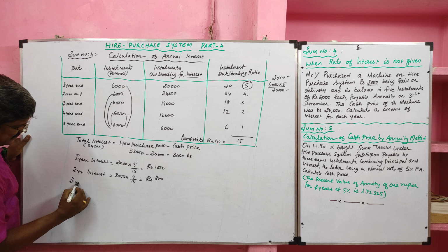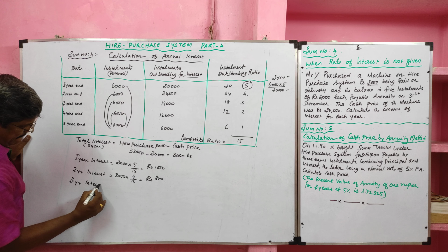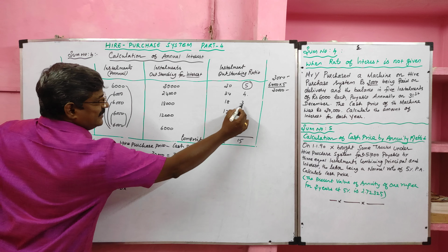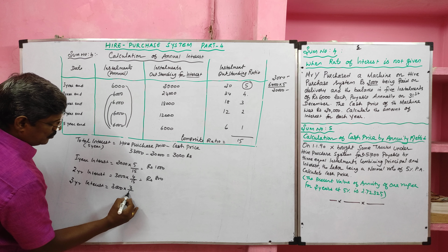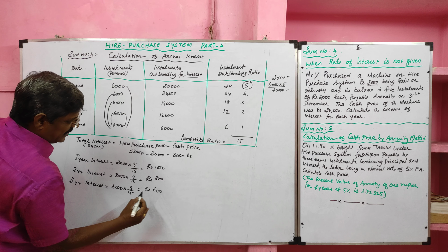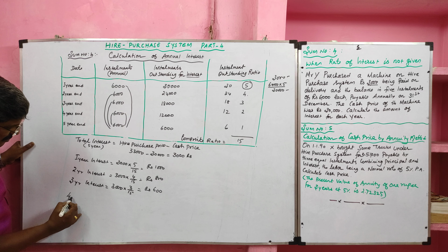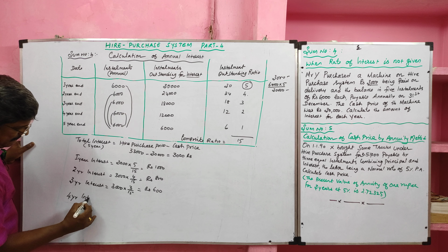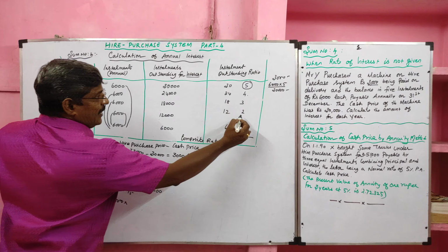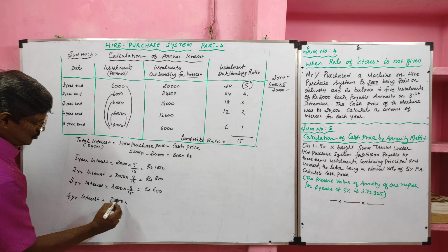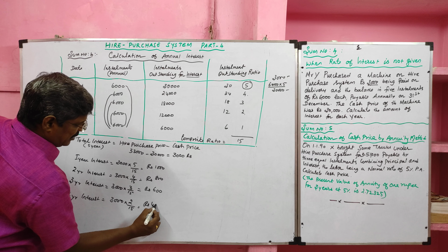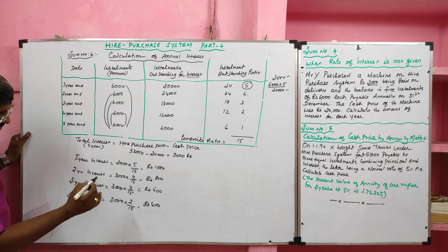Then third year interest: 3,000 multiplied by 3 by 15, each year ratio divided by composite ratio. So third year interest is rupees 600. Then fourth year interest. Total interest we know 3,000. The ratio of fourth year is 2, composite ratio 15. So at the end of fourth year, the annual interest is 400.